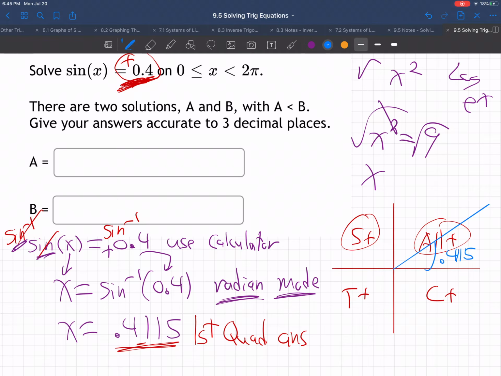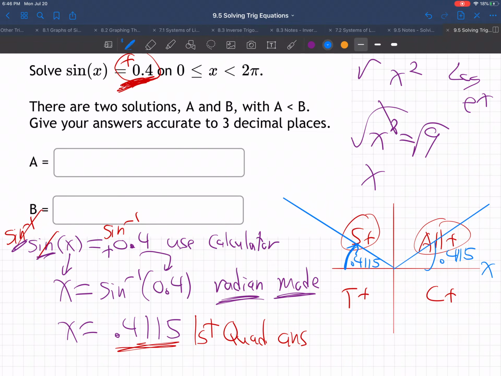And what the notes are going to explain to us is that the other answer is the exact same angle, meaning same angle from here, 0.4115, off the x-axis. Remember, this is the x-axis.